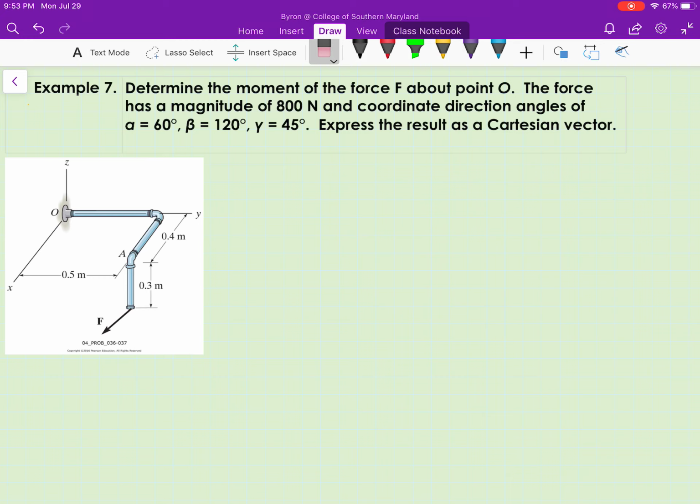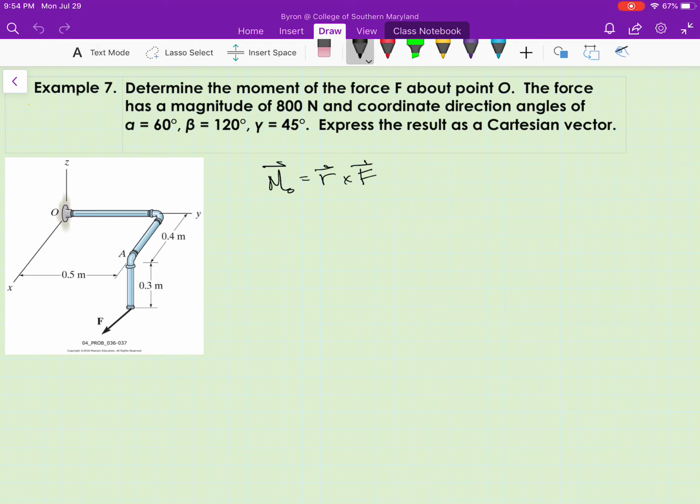So as discussed in the lecture, when we have a moment problem in 3D space where we're asked to find the moment of a force about some point in 3D space, we're going to use the equation the moment is equal to r cross F. It's a vector equation, where r is any position vector between the point that we're finding the moment about and the line of action of the force.